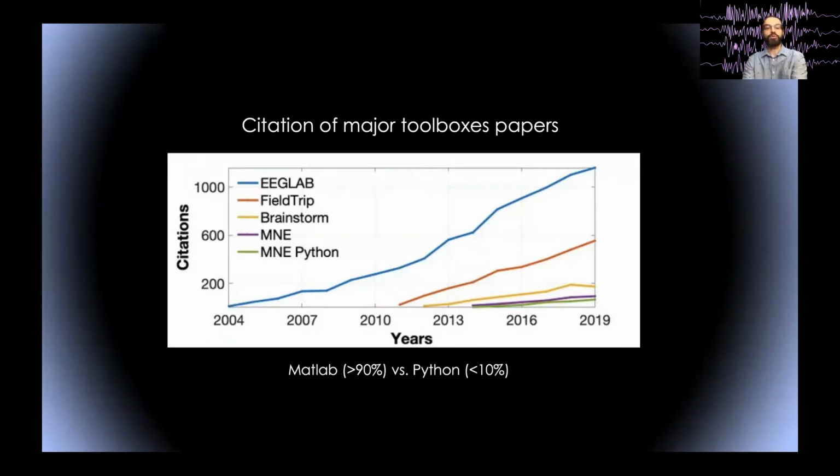Also, one argument is that Python is a step up in terms of programming language complexity. Python is much more for programmers, so you need to spend much more time learning to program when you use Python. MATLAB is much more intuitive: you can just type a command and plot things.